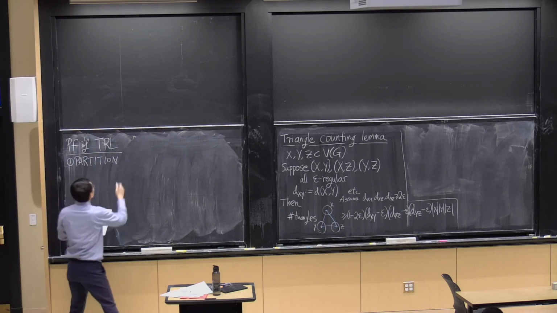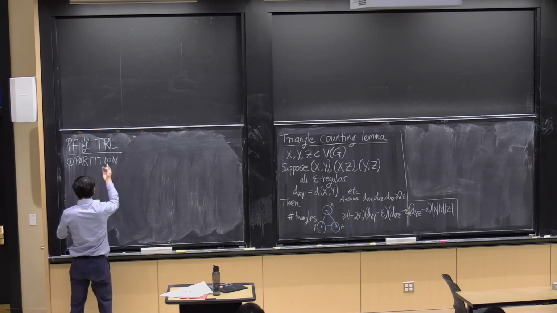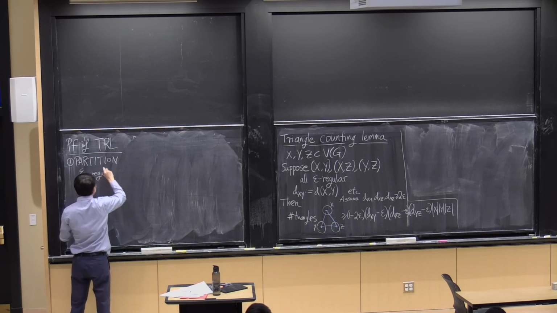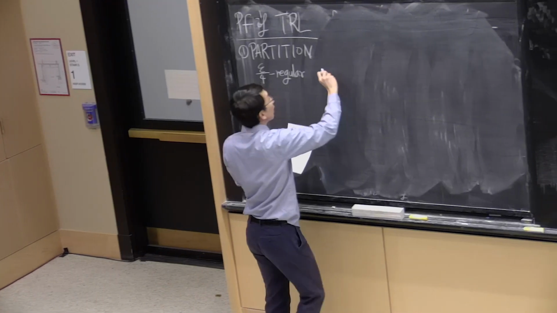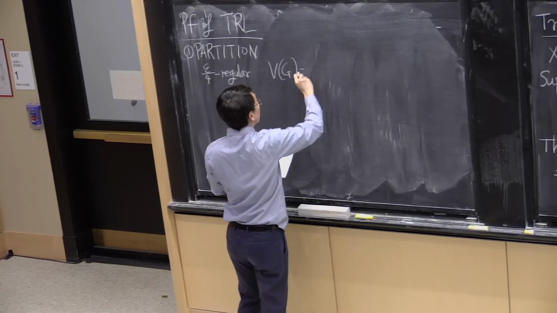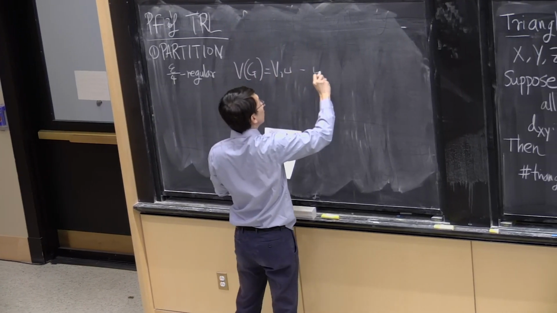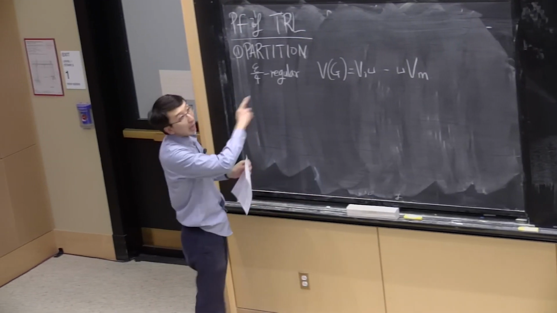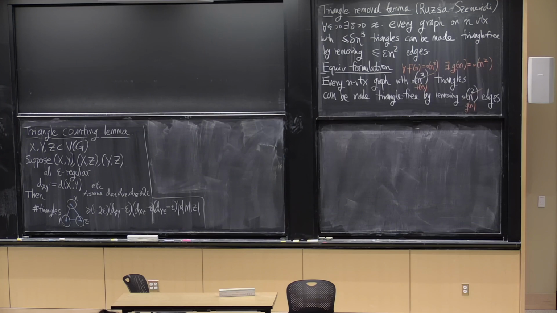We'll find a partition that's epsilon over 4 regular. Here epsilon is the same epsilon as in the statement of the triangle removal lemma.